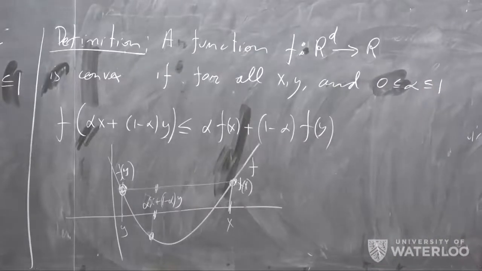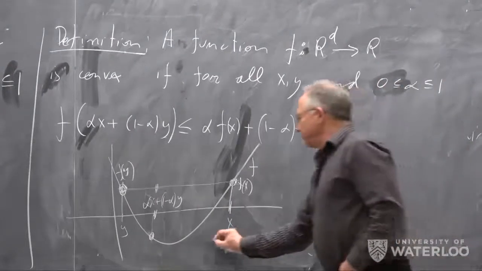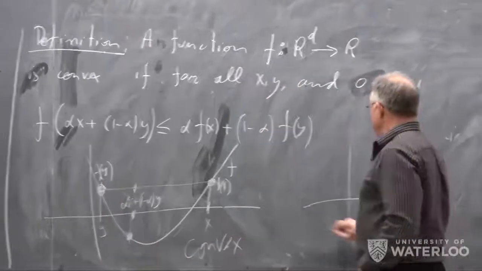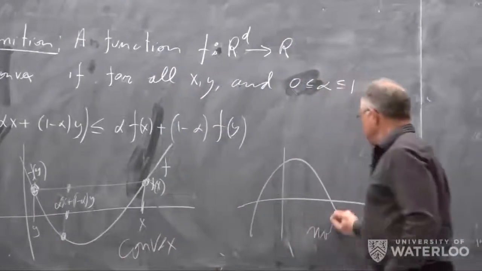What if you just flip this parabola the other way? Wouldn't the point f of alpha x plus 1 minus alpha y still be sitting on the hill on the function, and then we draw this chord connecting f of x and f of y, and then it's below? Right. So this function is convex, but this function is not convex.